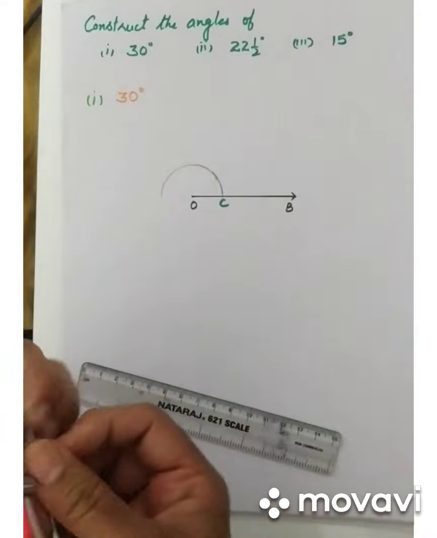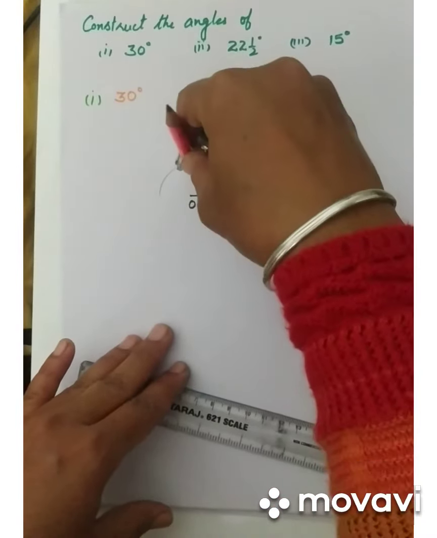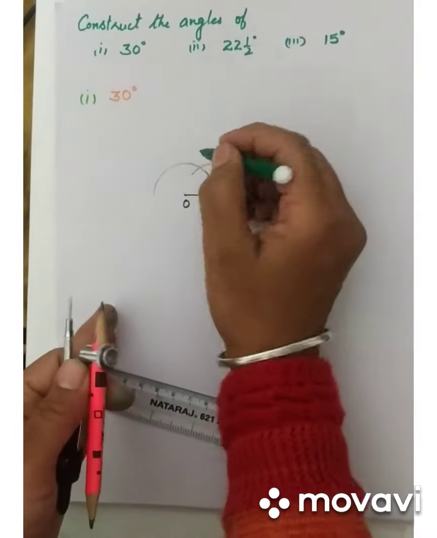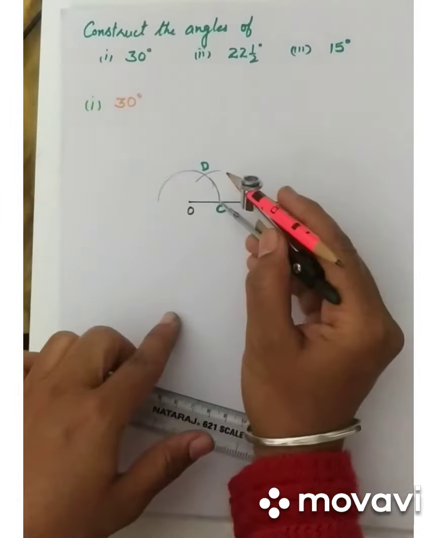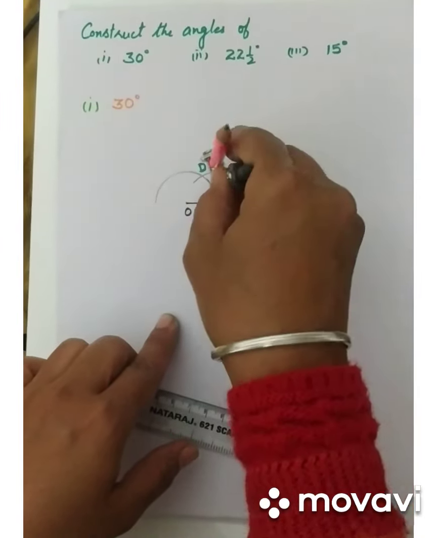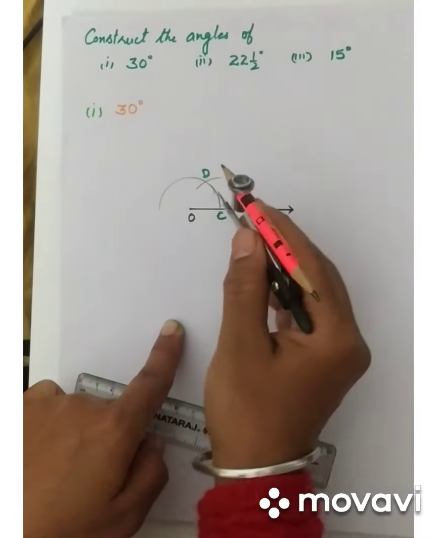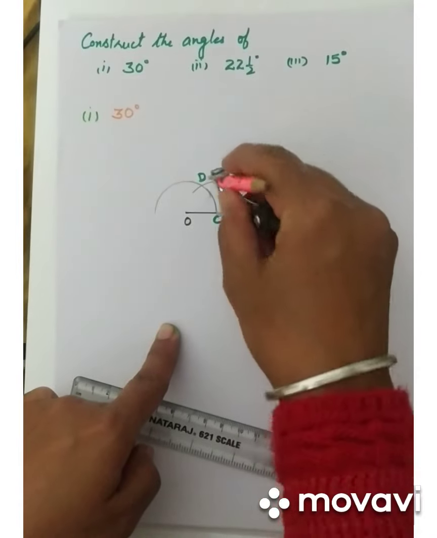Now with C as a center and with the same radius, we have to draw another arc which cuts the semicircular arc at D, right? Now this is an arc for the 60 degree angle, right? 30 is the bisector of 60, it is a half. When we bisect this angle, then it will become 30.